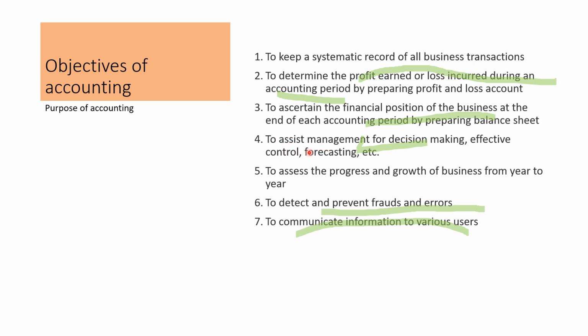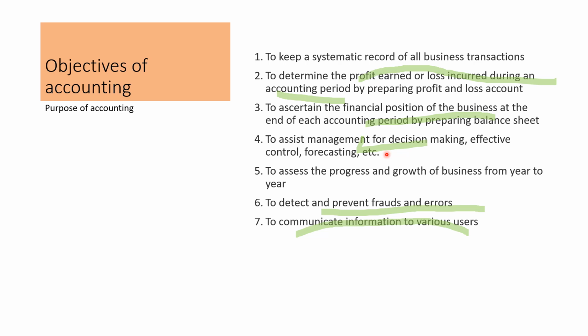Then you can assist the management for decision making, which I told you right now, effective controlling and forecasting, because managers can take important decisions like which products to be continued for production, and which products to be stopped for production, and where are the areas which the company needs to improve their performance.